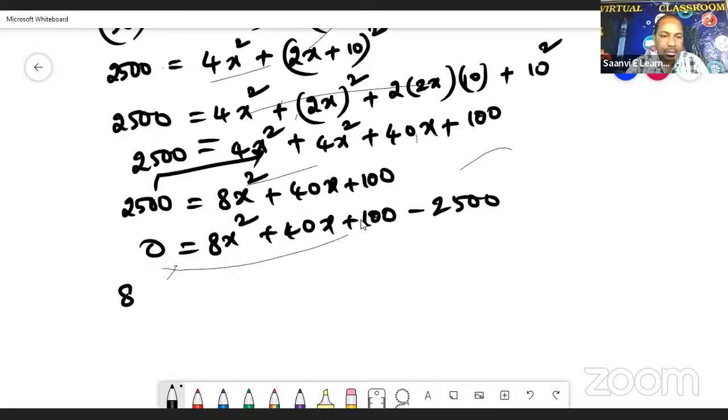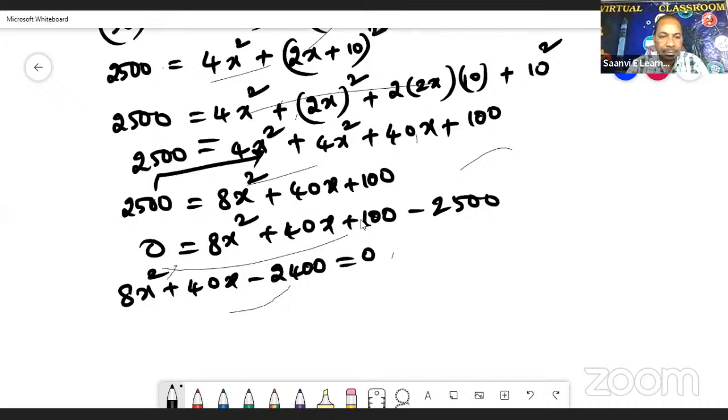So it is 8x square plus 40x, and 100 minus 2500 is minus 2400, equal to 0.